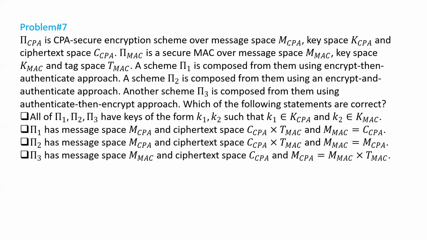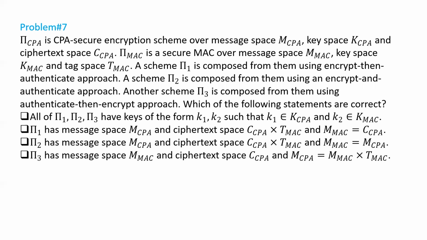PiCPA is a CPA secure encryption scheme over message space MCPA, key space KCPA, and ciphertext space CCPA. PiMAC is a secure MAC over message space MMAC, key space KMAC, and tag space TMAC. The scheme Pi1 is composed from them using encrypt and authenticate approach. Pi2 is using encrypt then authenticate approach.